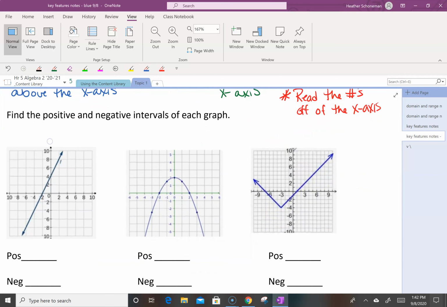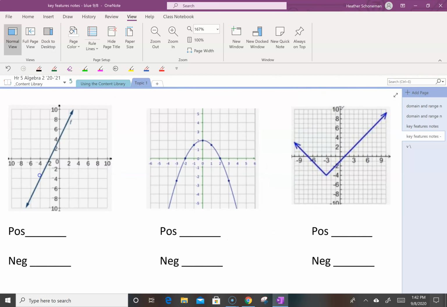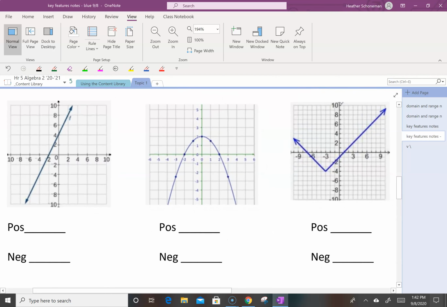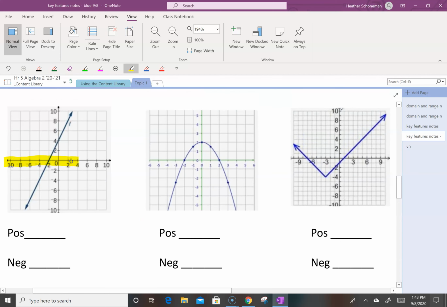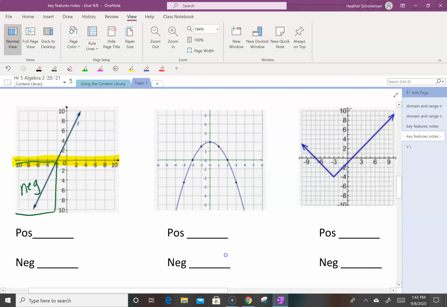Now remember, pause the video if you need to catch up. If I look at the first graph, here is the x-axis. This first section over here is below the axis. That makes it negative. So I want to write an interval for the range, from left to right.